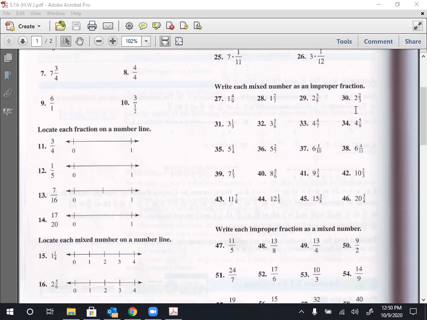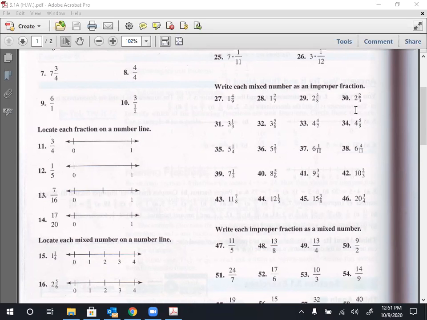So what I would suggest is that you mark the number line with the same number of divisions as the bottom of the fraction. And then you make a dot at the appropriate location, okay? And you're going to do this for the next set as well. The difference there is that you're going to have a whole number.